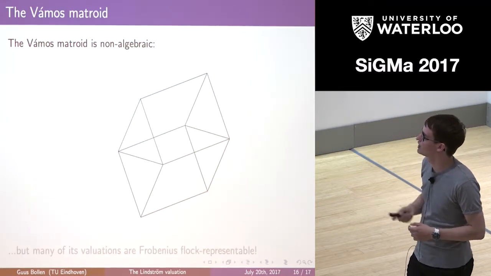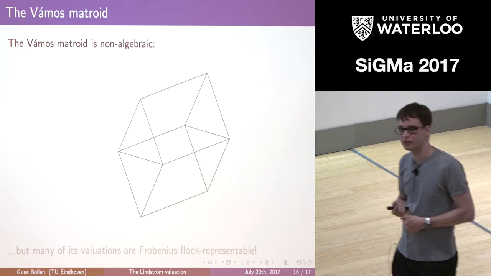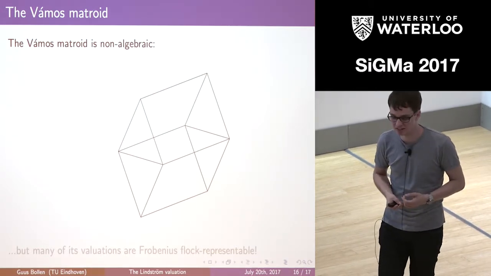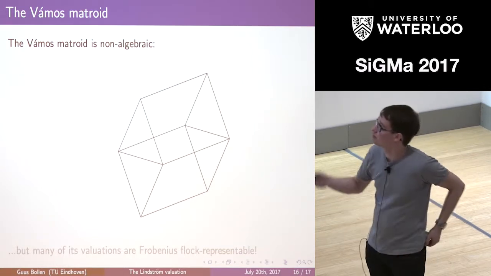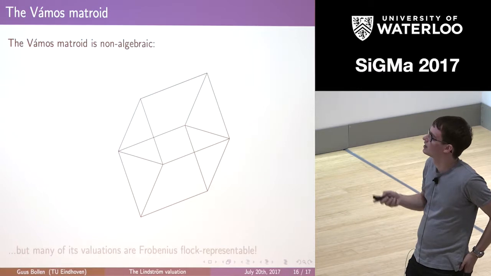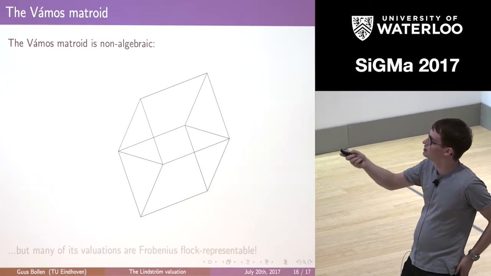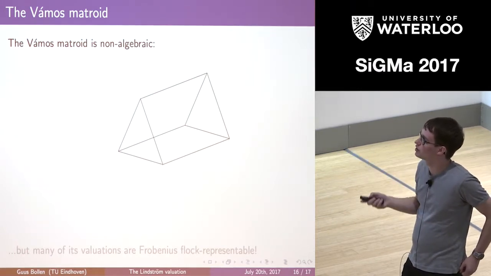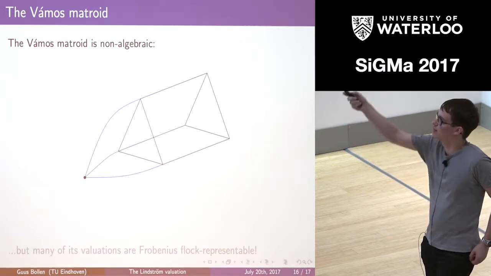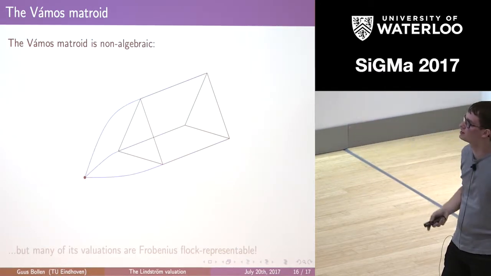So to finish off, I want to show that our methods are not omnipotent, because the Vámos matroid is a non-algebraic matroid. And how do you see that? Well, in an algebraic matroid, if you have such a prism here, these three lines will intersect in a point.